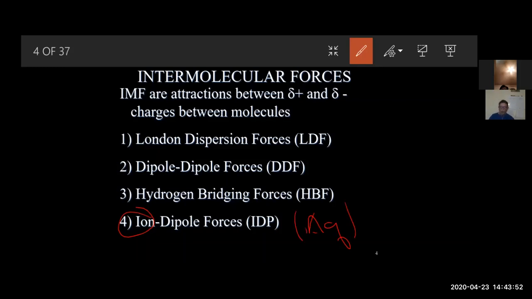So we're looking at water systems in which a salt has been dissolved, like sodium chloride or magnesium chloride. These are ionic compounds dissolved in water. So when you see ion, think ionic compound, and when you see dipole, you're talking about water, and water has a dipole.